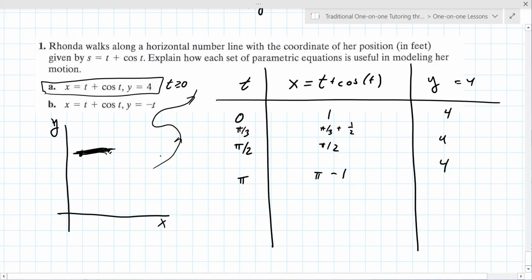So your first point is here, but then you keep going down, and you're moving back and forth like that. It's a weird problem, but what you should take away is, can you evaluate each of these? And you totally can.